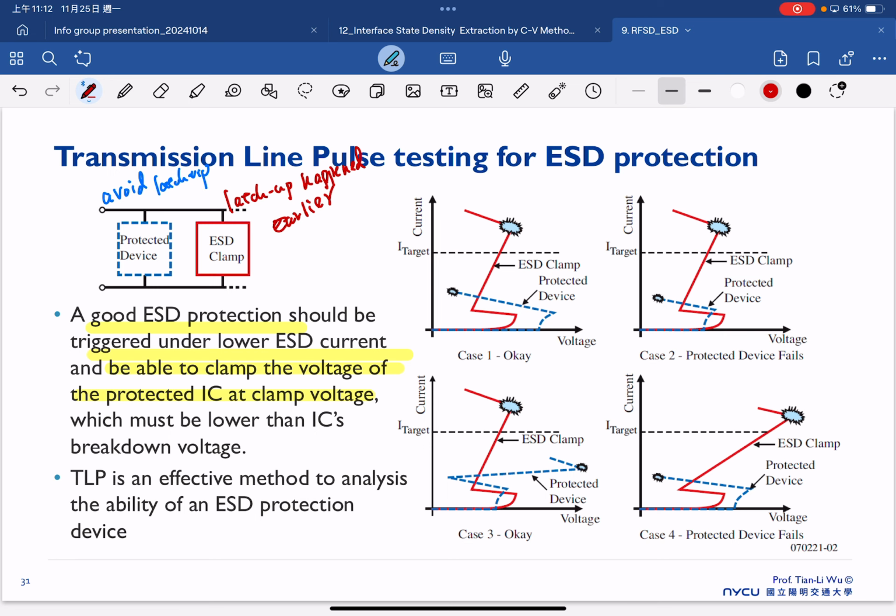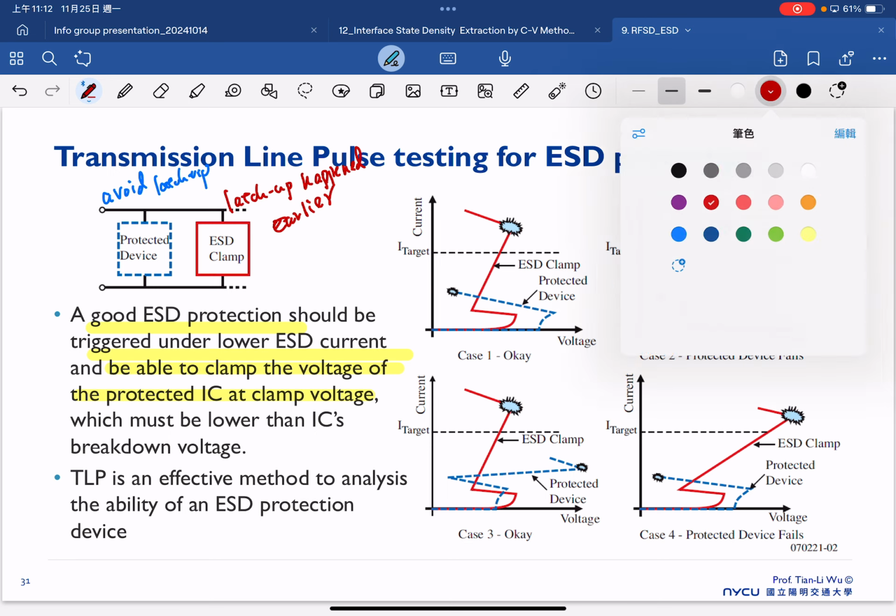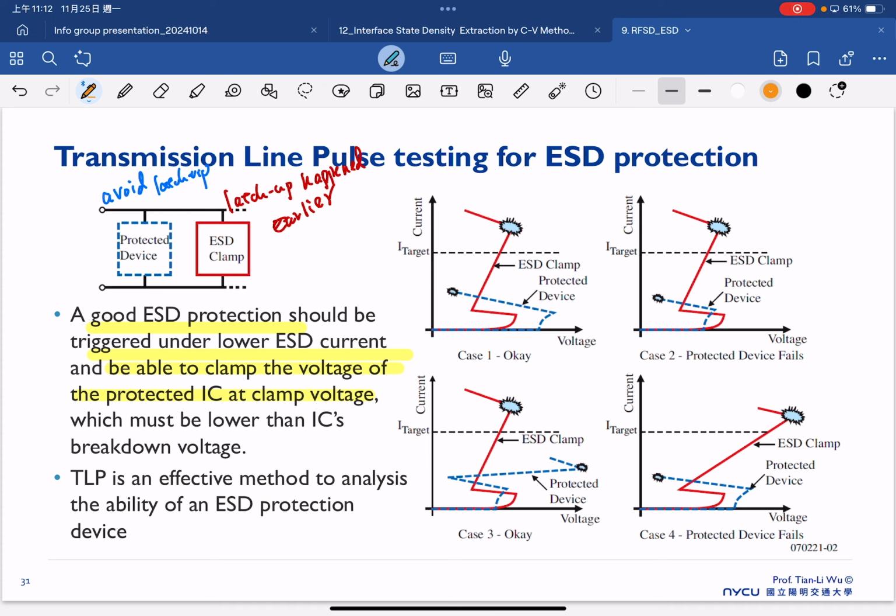Because once you have the ESD event, if you have ESD discharge here, and the ESD clamping can operate before our protected device, that means the current can flow away through the ESD clamping without going into our protected device. So that's why we want the latch-up to happen earlier in our ESD clamping.